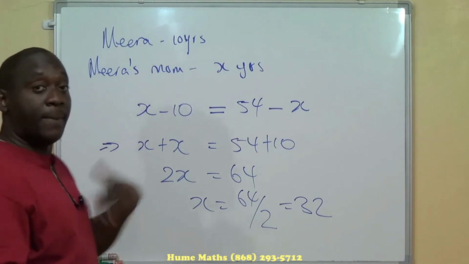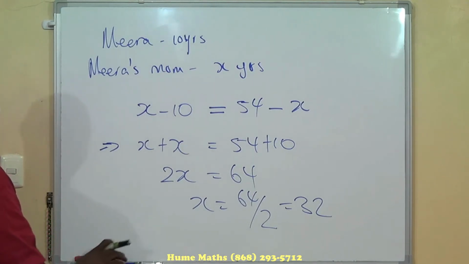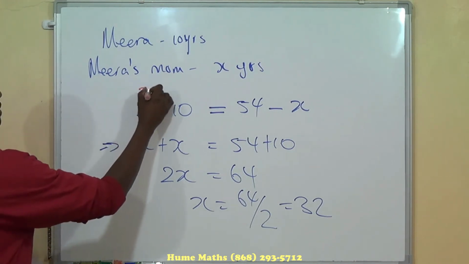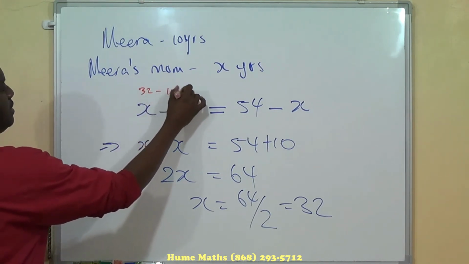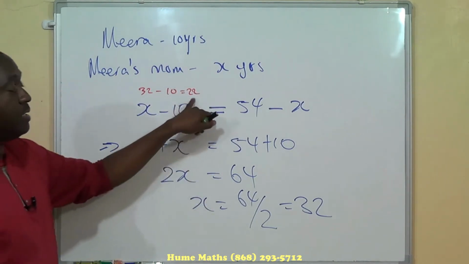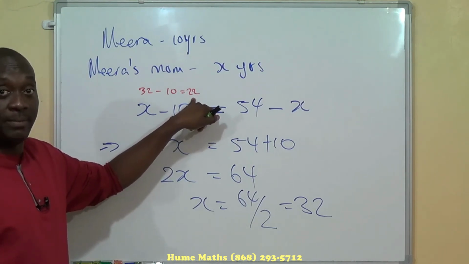And we could work it backwards just to double check. If Meera's mom is 32 years old today, then the difference on this side would be 32 minus 10, which is 22 years. So what we're saying is that Meera's mom was 22 years old when she had Meera.